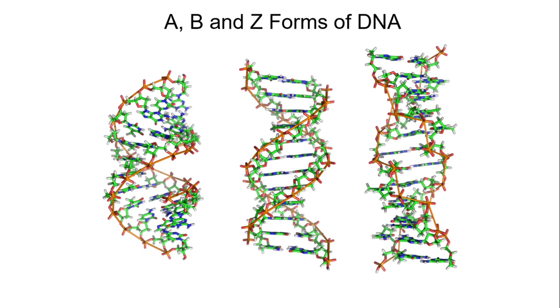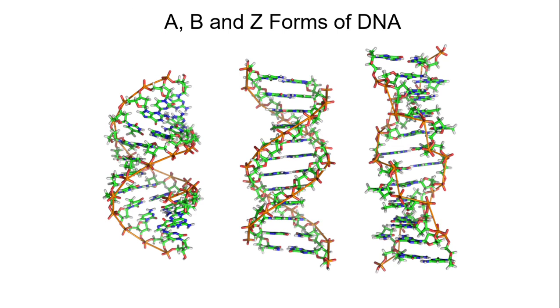So let's start with A. It's about 26 angstroms in diameter. The B form is about 20. So from 20 to 26 angstroms in diameter. This is a compressed structure. It's similar to B, but it's shorter and more compact.